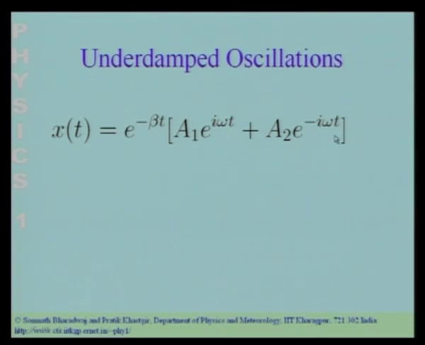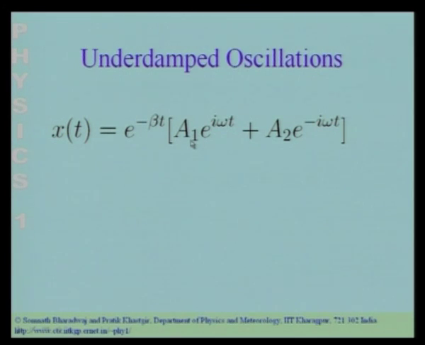If you look at these two terms, you will recollect that this represents the good old simple harmonic oscillator. A1 and A2 are the unknown amplitudes which have to be determined from the initial conditions, and the combination a1 e to the power i omega t plus a2 e to the power minus i omega t is essentially an amplitude into cosine of omega t plus phi.